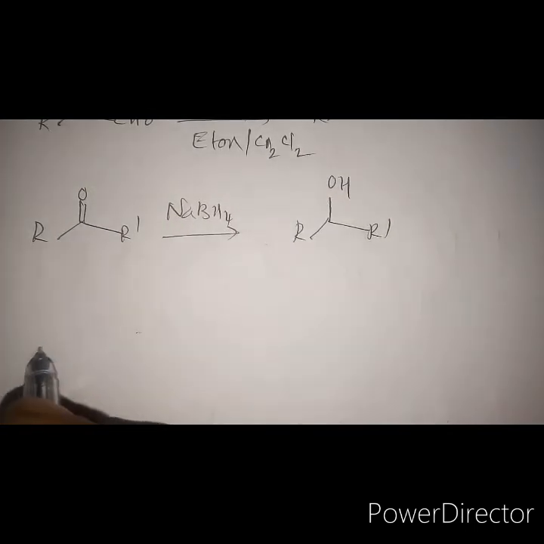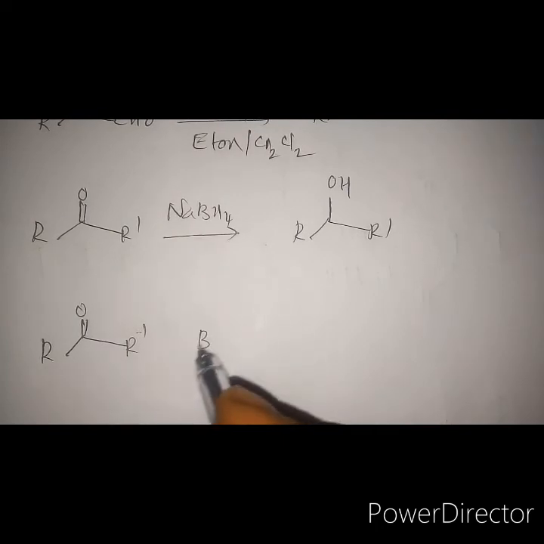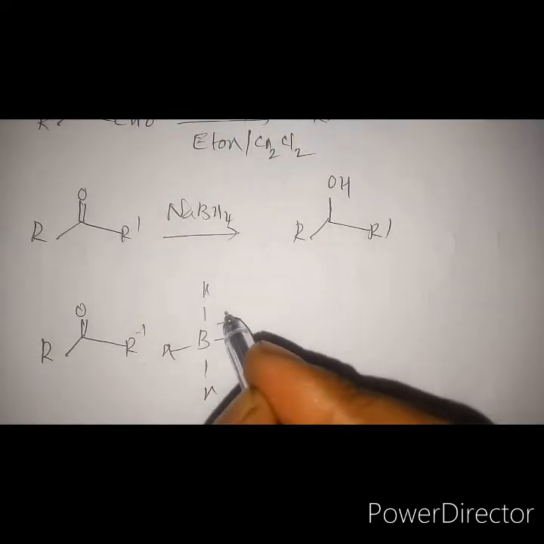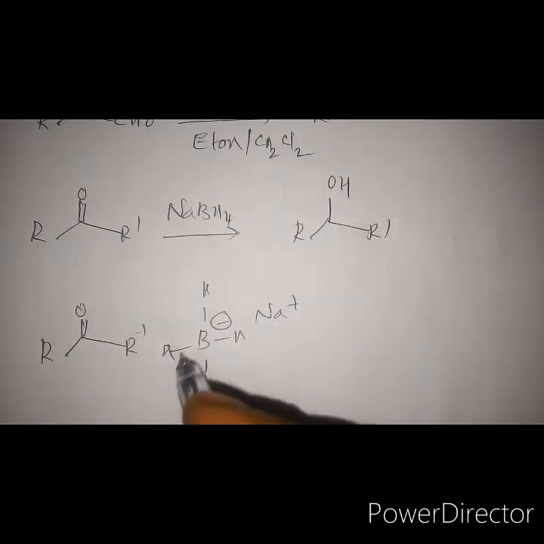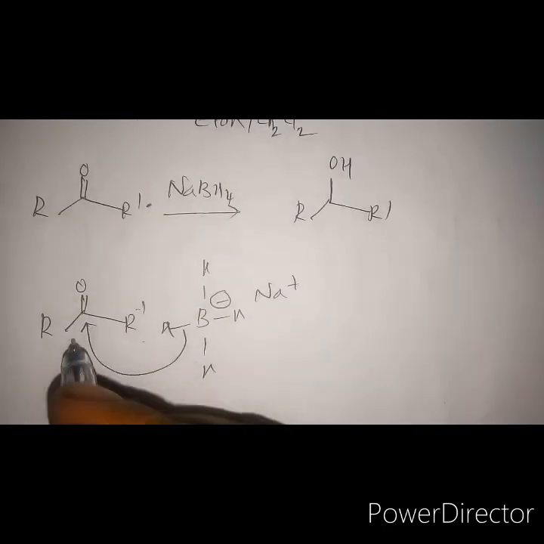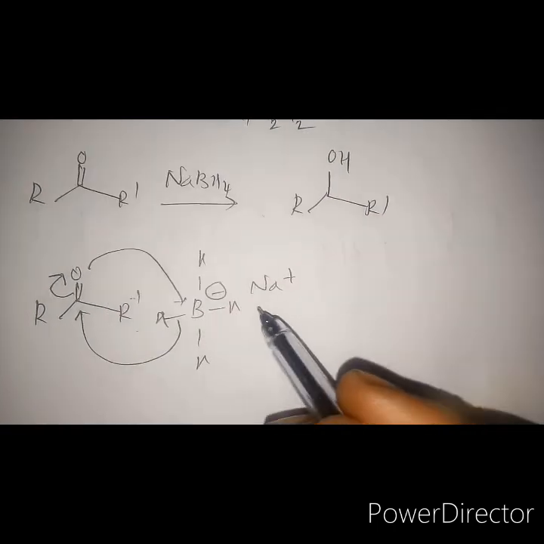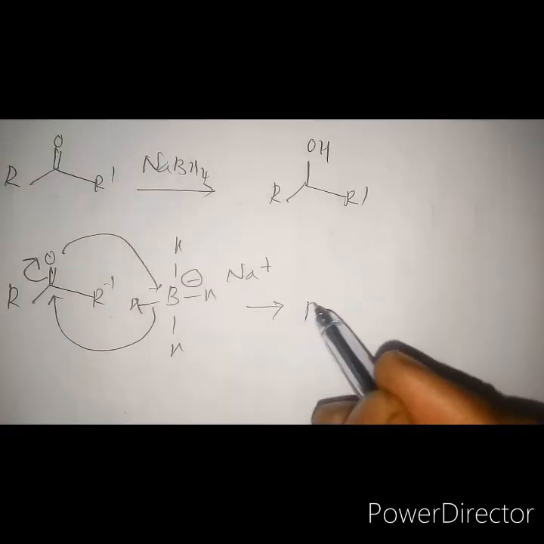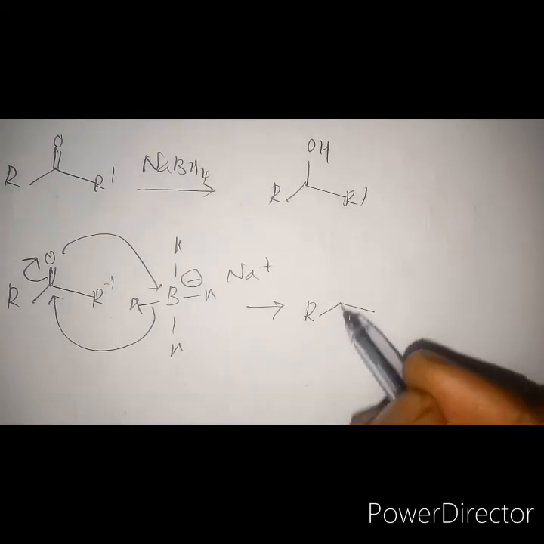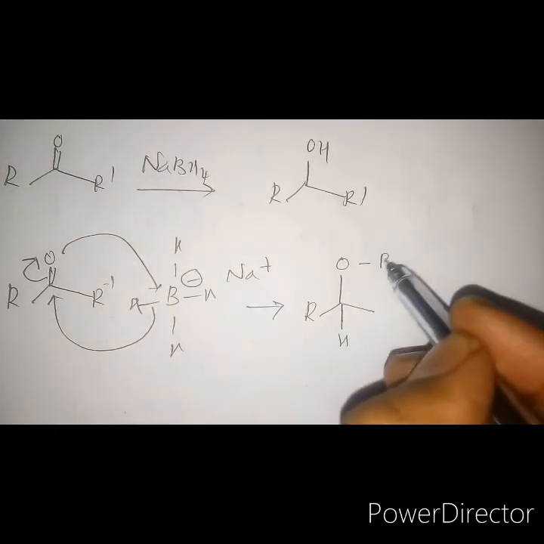Now the reaction mechanism of this, R dash. Borohydride contains 4 H minus, sodium plus. The hydride will transfer to the electron deficient carbonyl carbon, and this O minus attacks on the boron. Boron is electron deficient, so we will get R H O BH3.